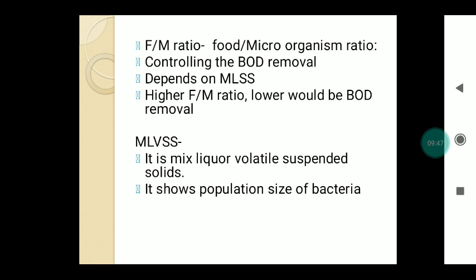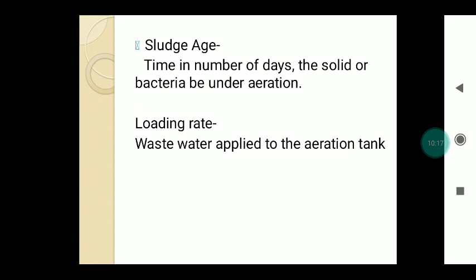The next term is the MLVSS, the mixed liquor volatile suspended solids. Volatile solids are the solids that can be removed by applying heat, in the form of evaporation. MLVSS shows the population size of the bacteria in the ASP. Next is the sludge age.